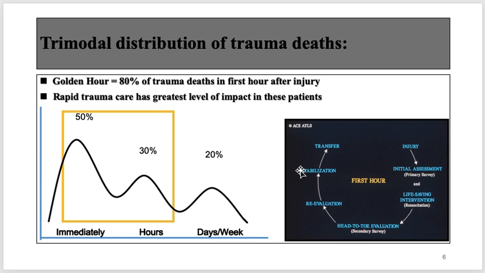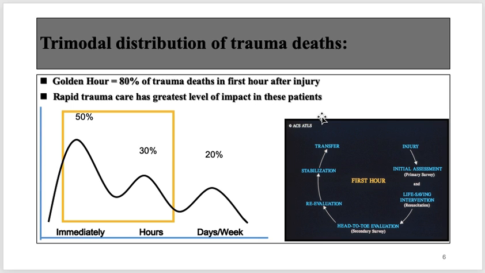this is a very nice graph you can see over here. Golden hour: 80% of trauma deaths occur in the first hour after injury, and rapid trauma care has the greatest level of impact on the patients.